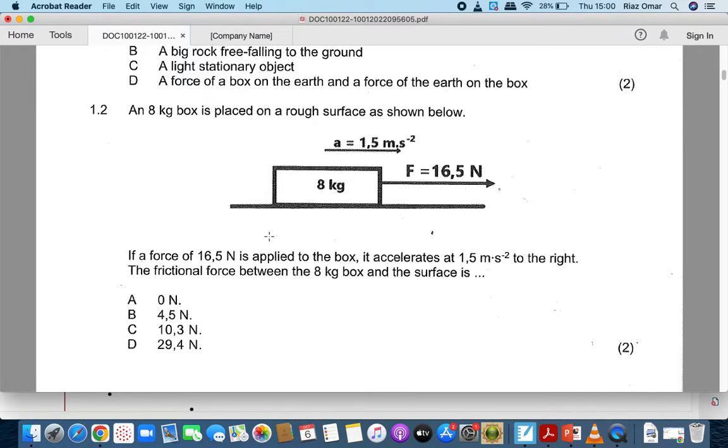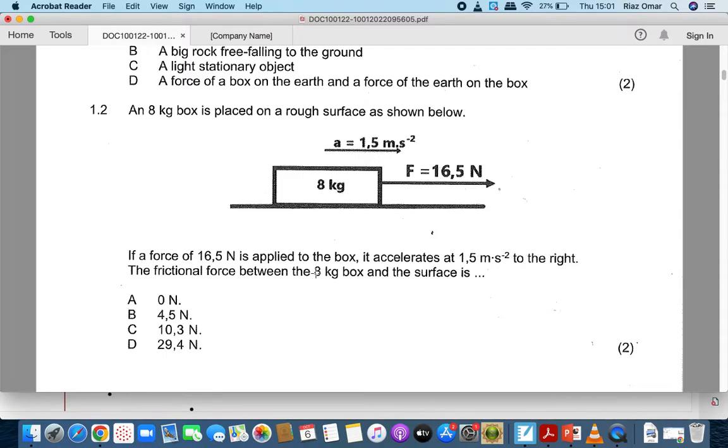an 8 kilogram box is placed on a rough surface as shown below. 8 kilograms, force of 16.5 newtons pulling to the right, and acceleration of 1.5 meters per second squared. If a force of 16.5 newtons is applied to the box as shown in the diagram, it accelerates at 1.5 meters per second squared to the right.